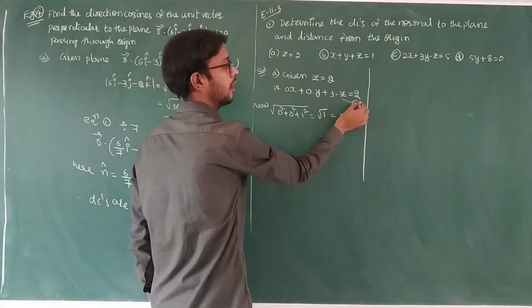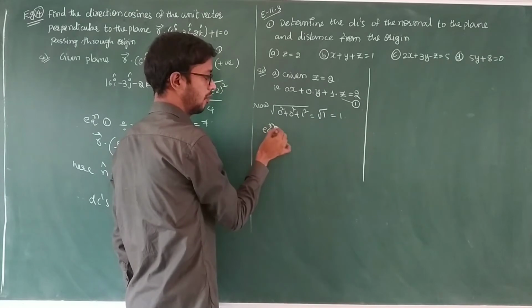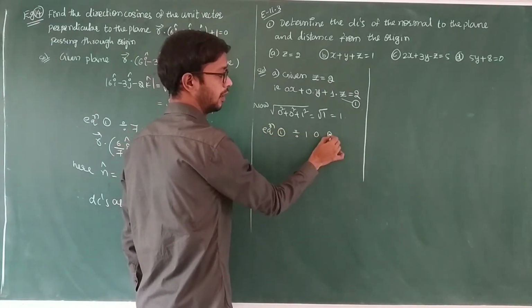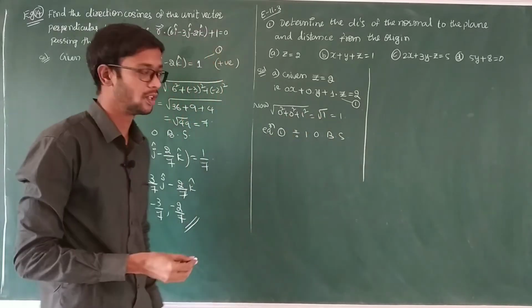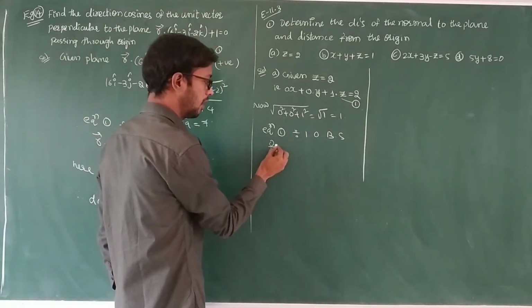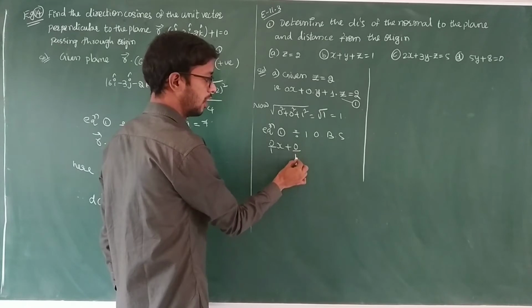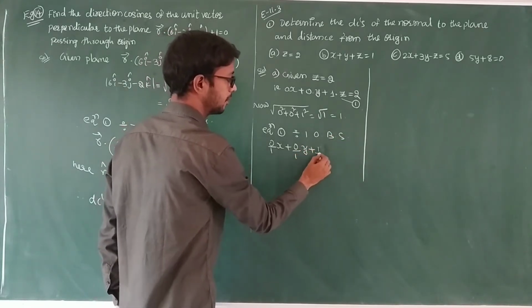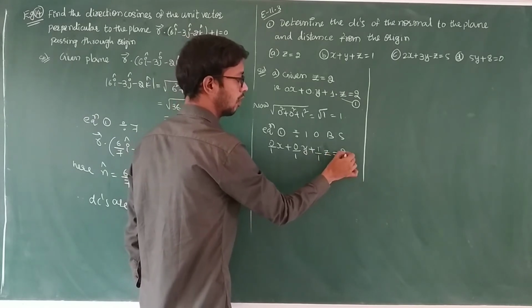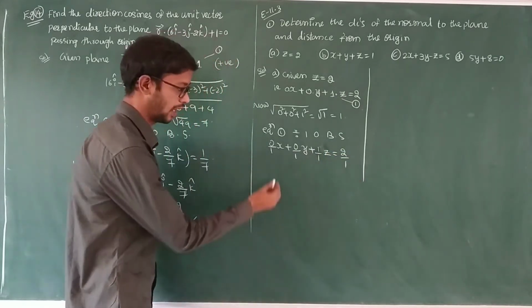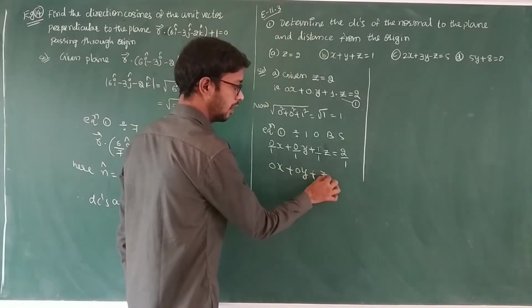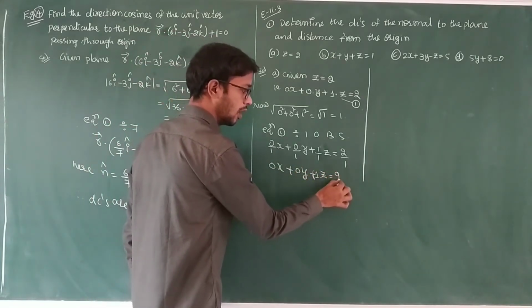Take this one as equation 1. Equation 1 divided by 1 on both sides. So how much do you get? 0 by 1 into x plus 0 by 1 into y plus 1 by 1 into z is equal to 2 by 1. So we can write this as 0x plus 0y plus z is equal to 2.